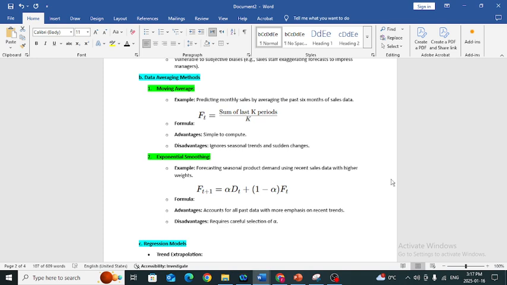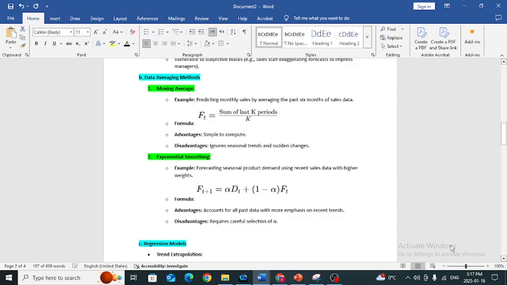It has some benefits for calculating. It accounts for all past data, with more emphasis on recent trends, but it requires careful selection of alpha, because this is very difficult and should be done very carefully.